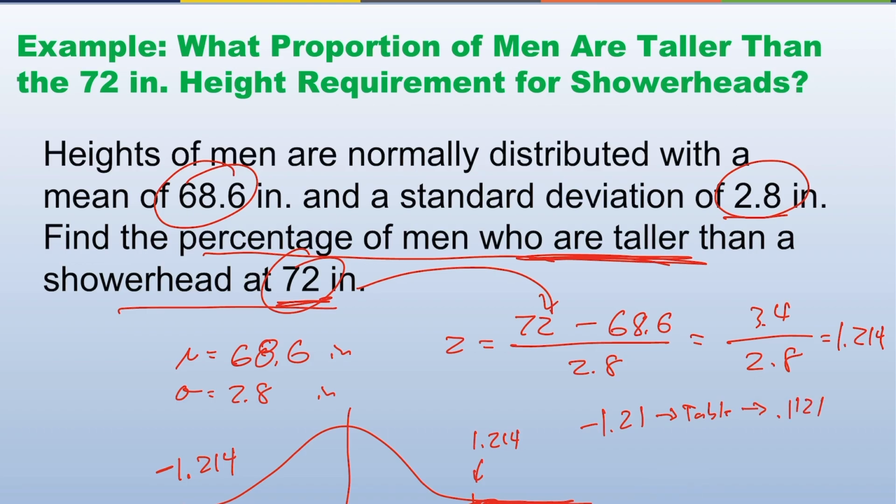So I conclude that 11.31% of adult males have a height of greater than or equal to 72 inches.